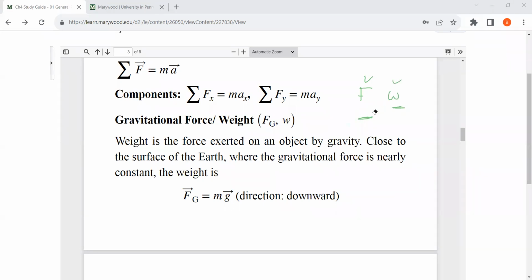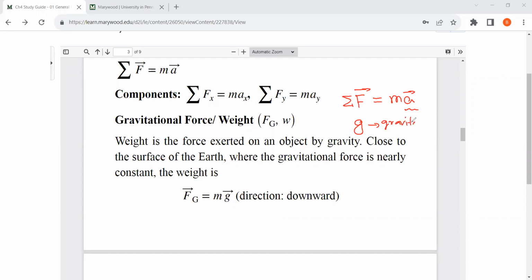Now, what is the mathematical definition of the gravitational force? To understand that, we start from the equation F equals ma. Now let's replace a, the acceleration, by the gravitational acceleration, or acceleration due to gravity.